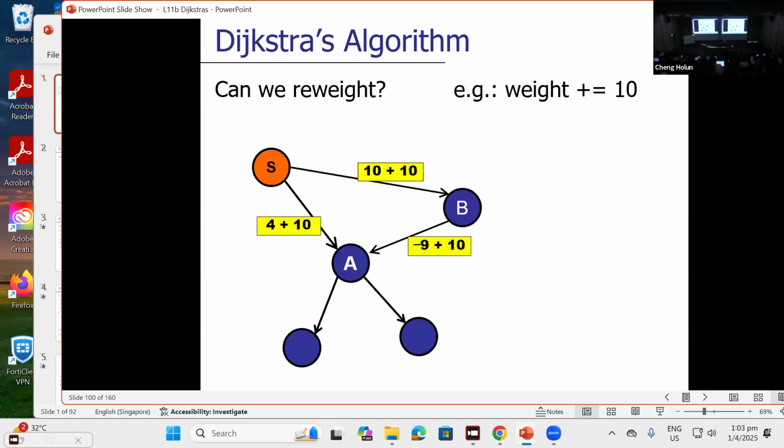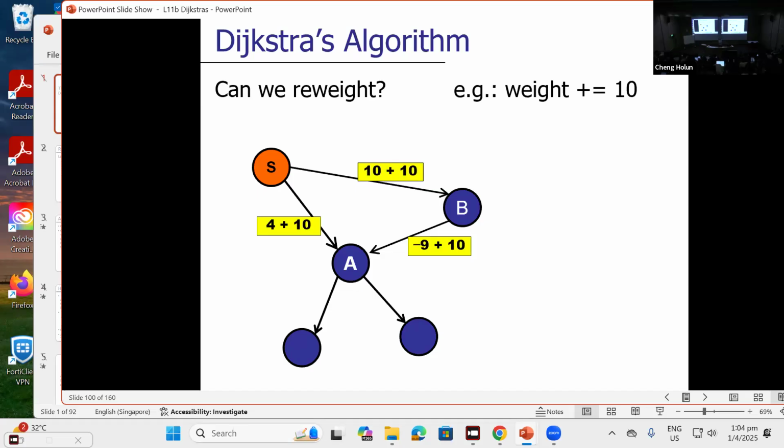Let's be clever. Okay, negative edges have a problem, right? I make every edge non-negative by adding 10 to every edge. Do you think it works? But why? Why does it work or not work? So no negative edges, right? I make every edge 10 larger. Why doesn't it work?